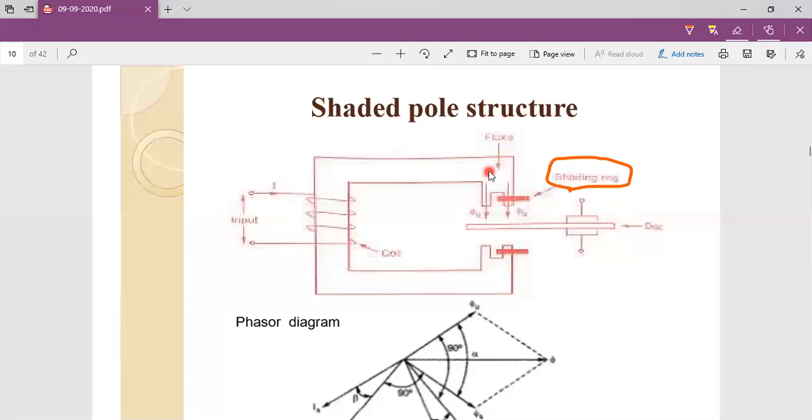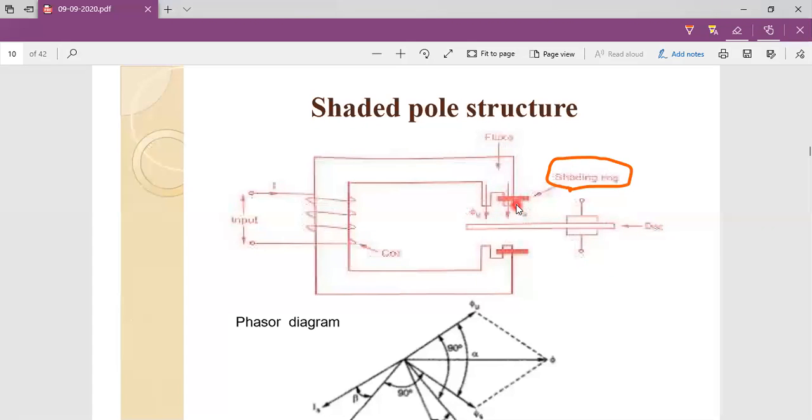Here the cause is alternating flux, so the effect is induced EMF, and this induced EMF opposes the change in alternating flux. That's why phi s lags phi u, because the induced EMF in this copper band opposes the change in cause. Here the cause is phi u.